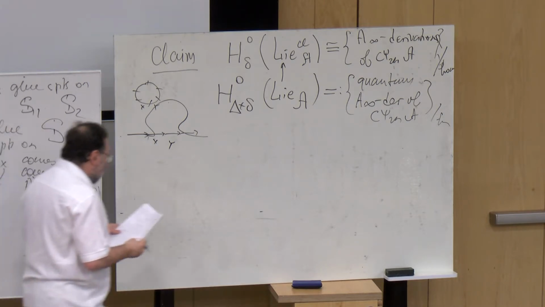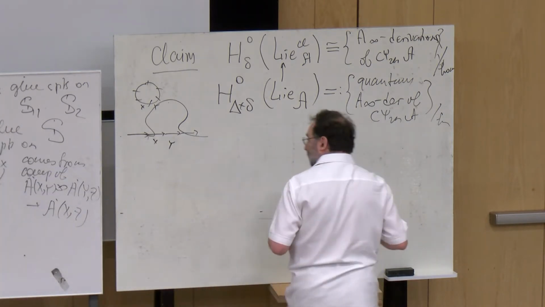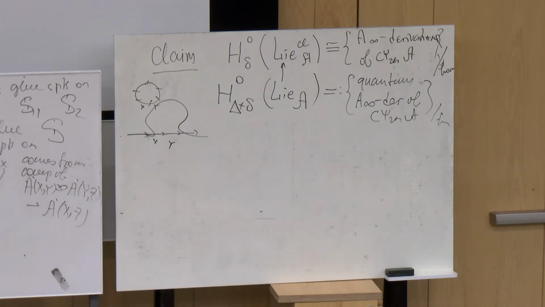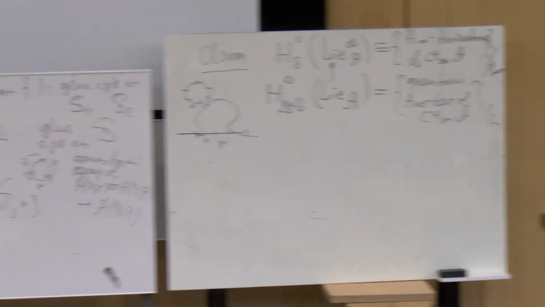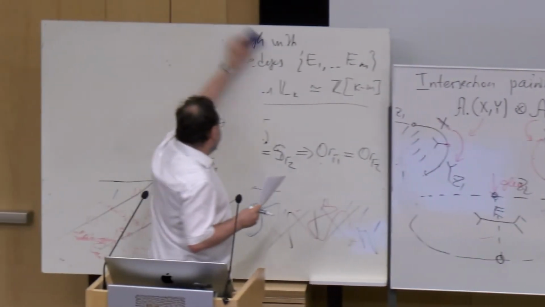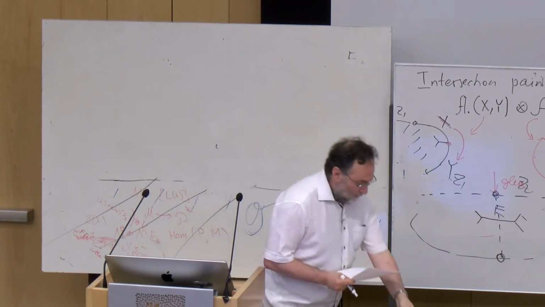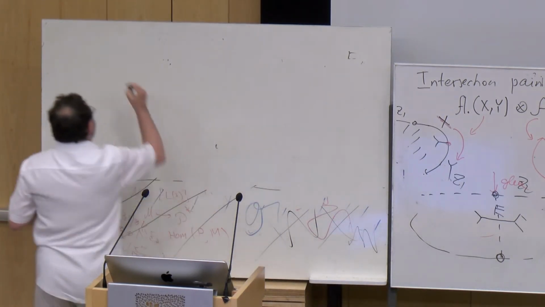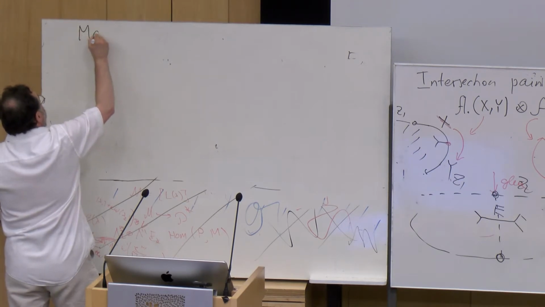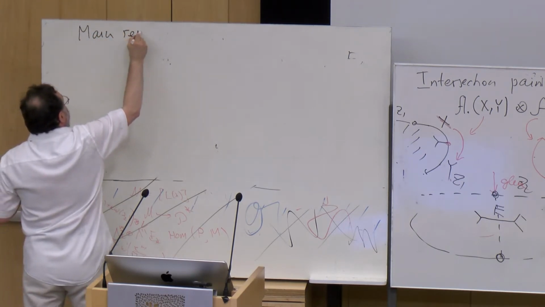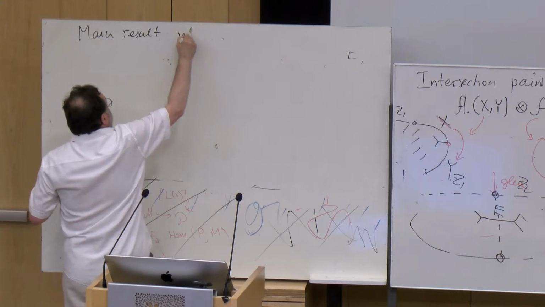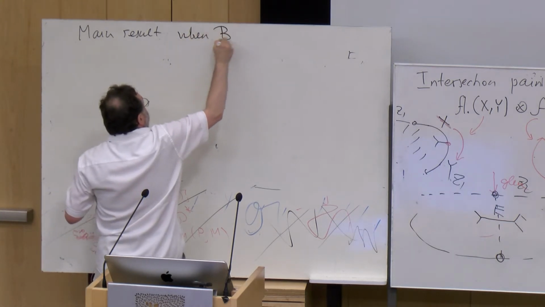So now the main statement. So the main statement is that the Hodge-Galois group. Now we return to the example which we studied before. So this is going to be the main result when the base is a point.